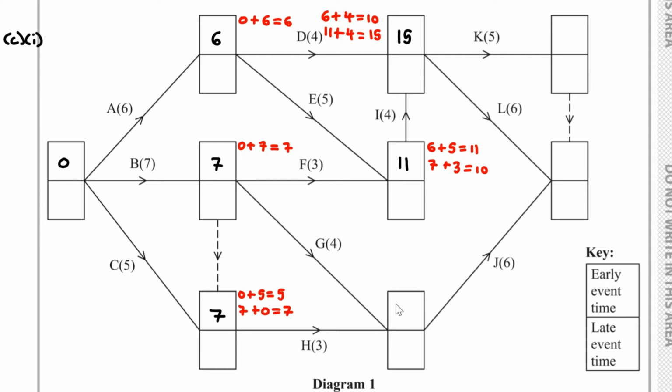Let's figure out what goes here. We have the option of 7 plus 4, which is 11, or we have the option of 7 plus 3, which is 10. So we choose the 11 to go inside here.